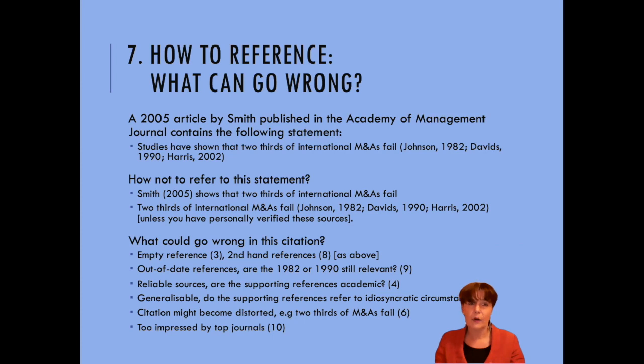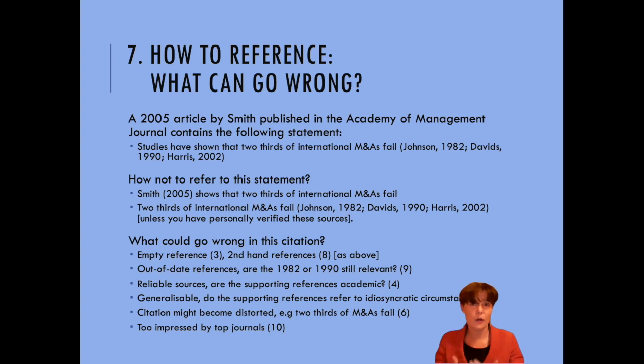And then finally, what can also go wrong, and that might be going wrong in the very first step, is being too impressed by top journals. The Academy of Management Journal is one of the top 3 journals in the field of management. So we would normally expect that articles that are published in these journals are top quality articles. That's generally the case, absolutely, but it doesn't mean that every single reference in that article is necessarily top-notch.